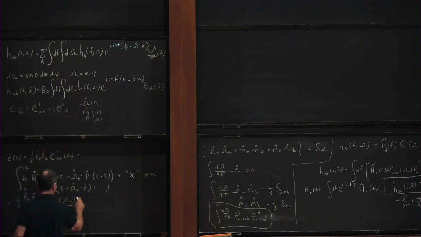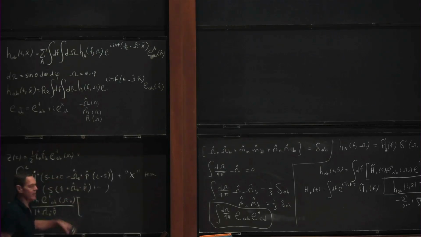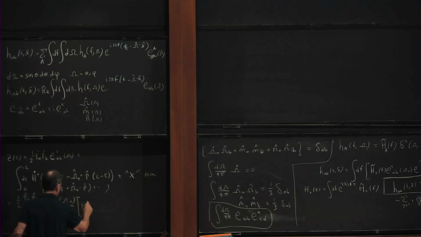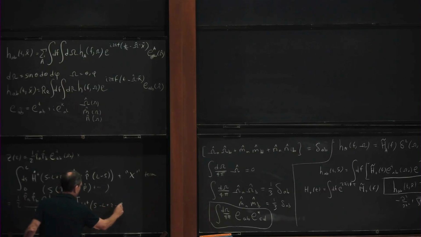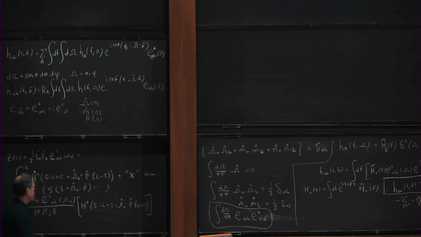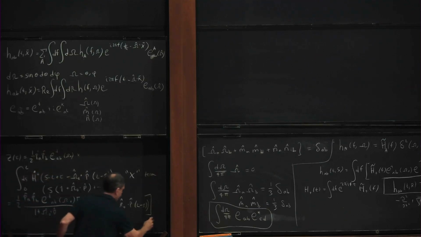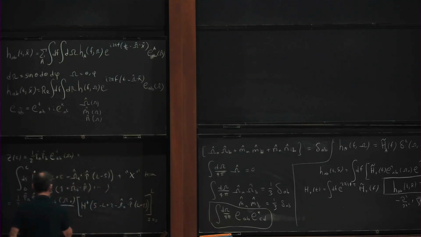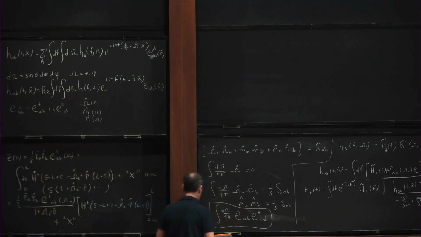And then I'm going to get h of this whole argument here evaluated between the two ends, s equals 0 and s equals L, plus, of course, the cross term. I hope somebody checks my algebra and tells me that I wrote down the right thing there.